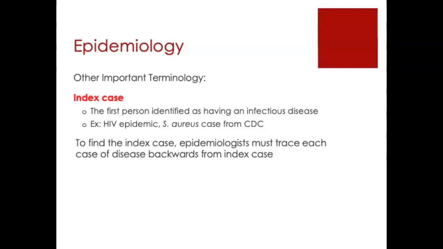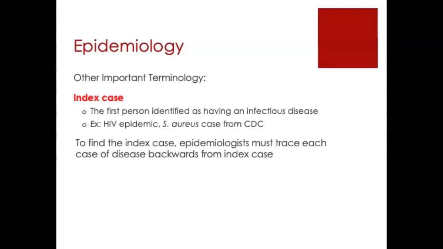flight attendant. This man was particularly promiscuous, and he was also homosexual, and he worked as a flight attendant, so he traveled quite extensively. He unfortunately caught this illness, HIV, and then managed to spread it widely to multiple sexual partners, which is why we had the HIV epidemic first in gay men.